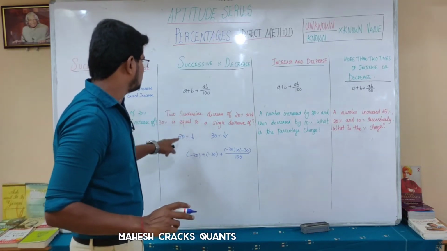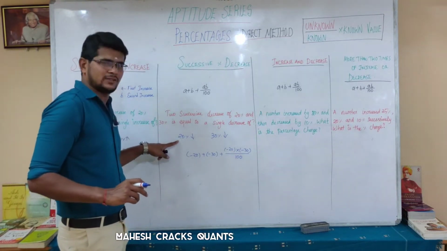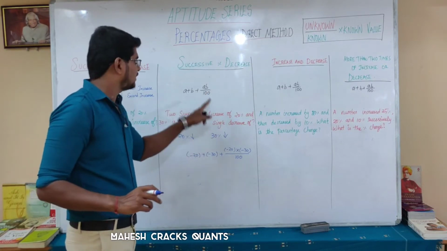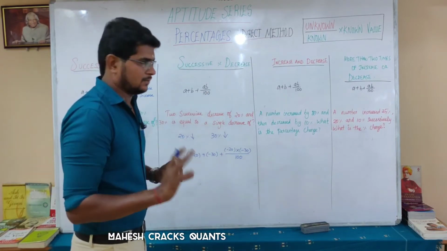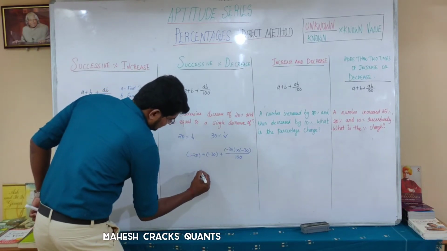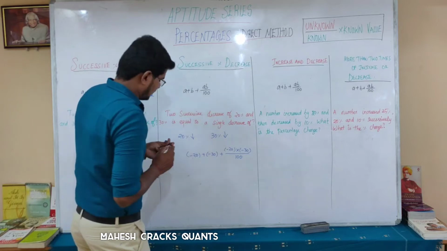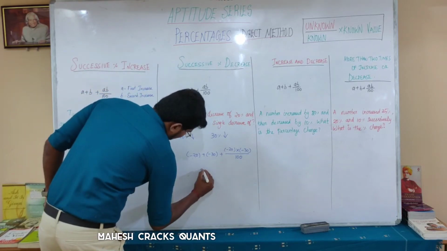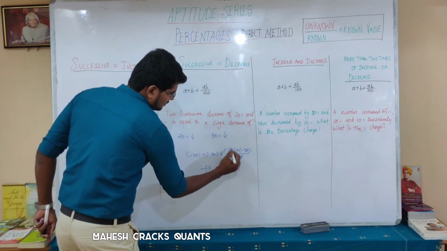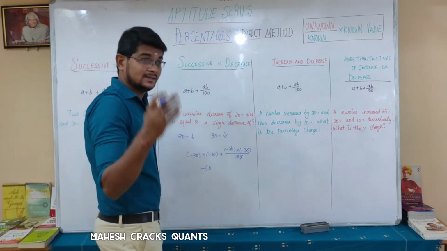Instead of a, I am using minus 20 because I am decreasing 20%. Instead of b, I am using minus 30 because I am decreasing 30%. So solve this. Minus 20 plus minus 30 is minus 50. Just minus 50. And here cancel the zeros. 2 into 3 is 6.